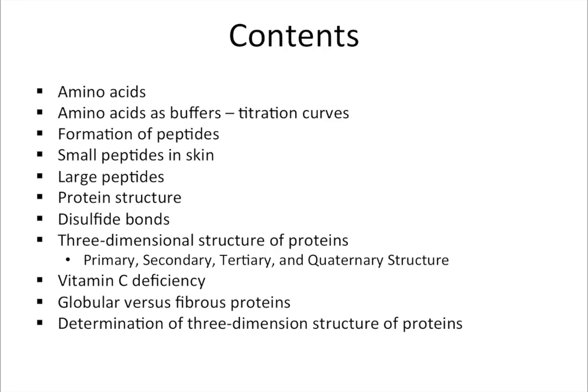Then we'll look at actual protein structure. So we'll look at all the different types of protein structure. Actually, we have it outlined here: primary, secondary, tertiary, and quaternary structure. These are very important, and they sort of allow us to understand how a protein has a complex three-dimensional structure. We'll also briefly talk about disulfide bonds and how these stabilize protein structures.